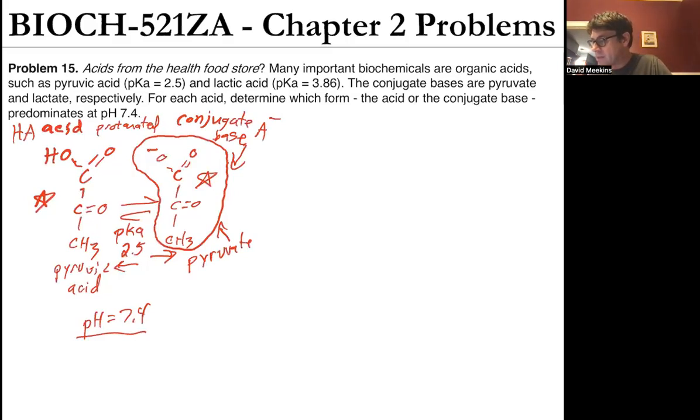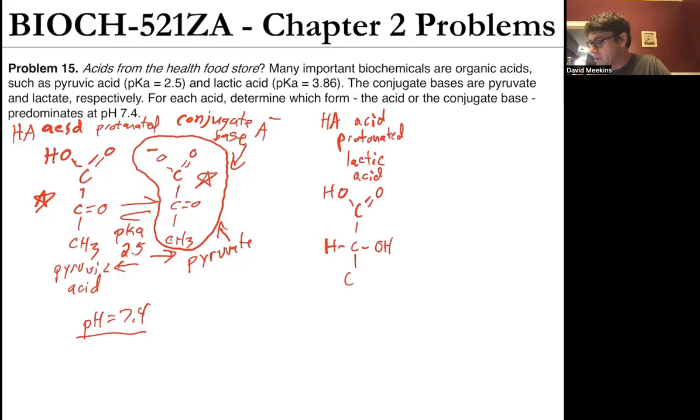Lactic acid is a very similar molecule, and we'll go over this when we talk about metabolism. The HA form, the acid, the protonated form, which is lactic acid, is going to have a very similar structure. It's going to be COOH, and then CHOH-CH3.